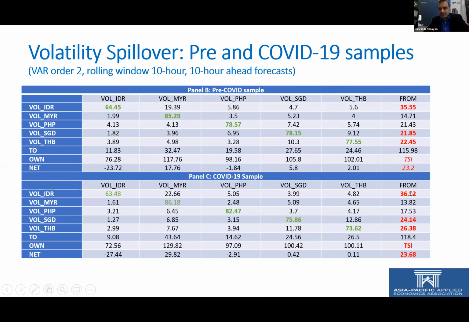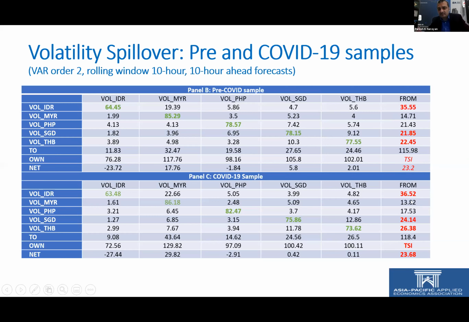In the COVID sample, nothing much has changed. So, still fairly dominant, 36%. So we can't say that the pandemic has made a difference to the behavior of Indonesia's exchange rate. Similarly, with the others, Malaysia is at 14%, 13%. So there's hardly any change due to the pandemic.